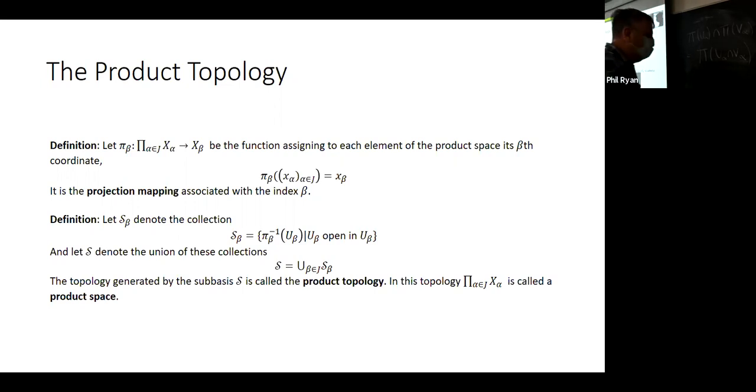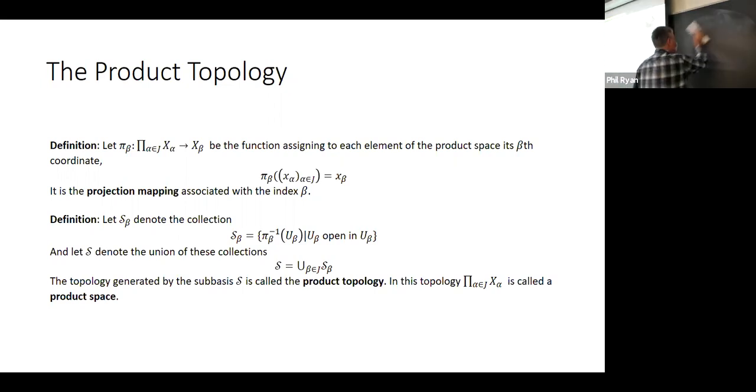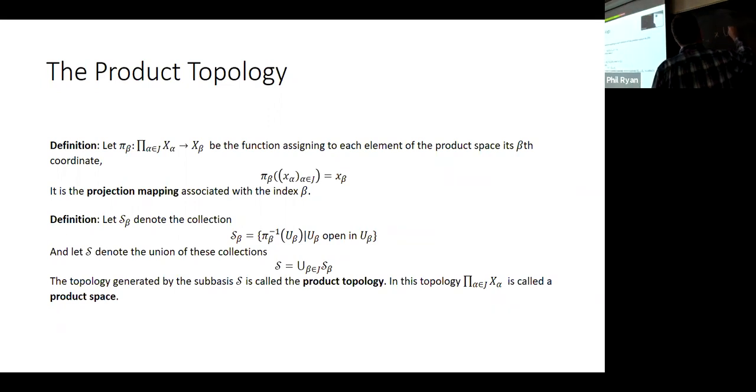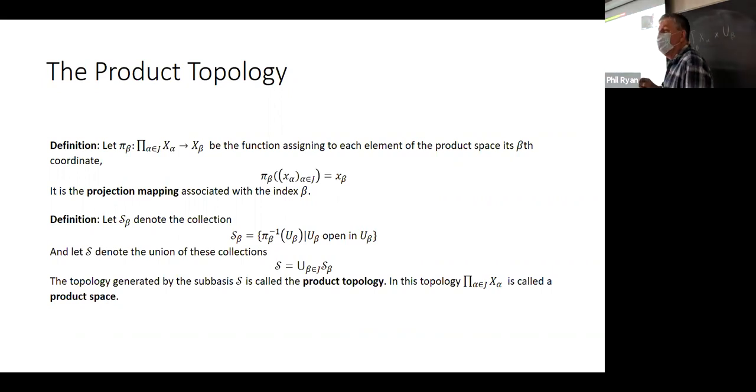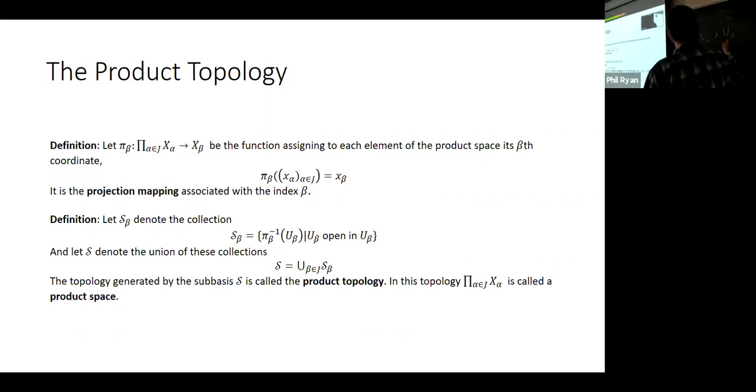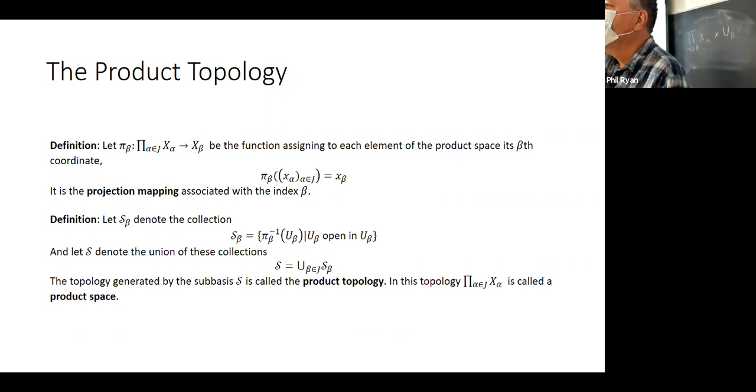So I thought about how to write that down. You're tempted to write the product over alpha not equal to beta of X alpha, cross U beta. And it kind of is. It would be homeomorphic to that, right? Because when I do it like this, I'm putting the beta at the end.